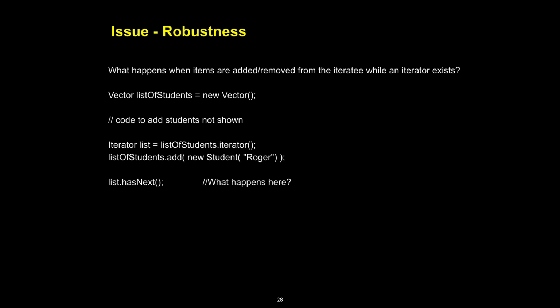What happens now if outside my iterator I say, oh, get rid of that element? What should I point to? The previous one, the next one? Don't know, right? Or I'm pointing here, and now I add a new element. Should the iterator know about that new element or not?